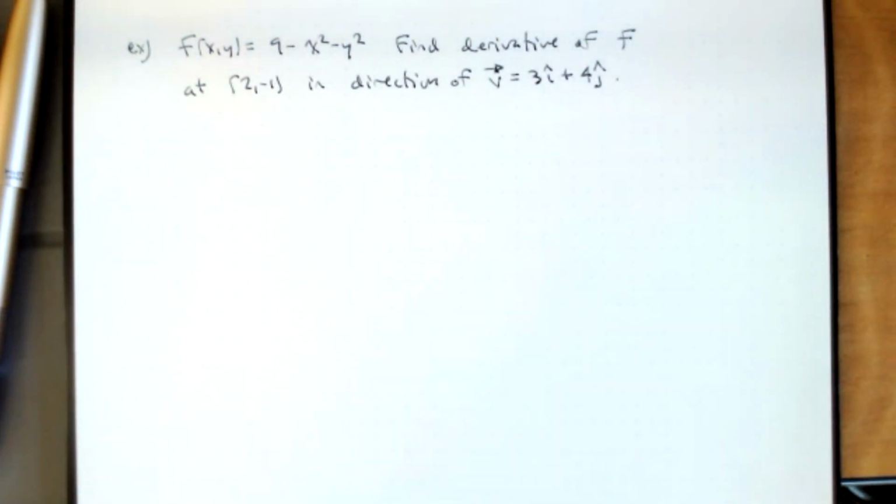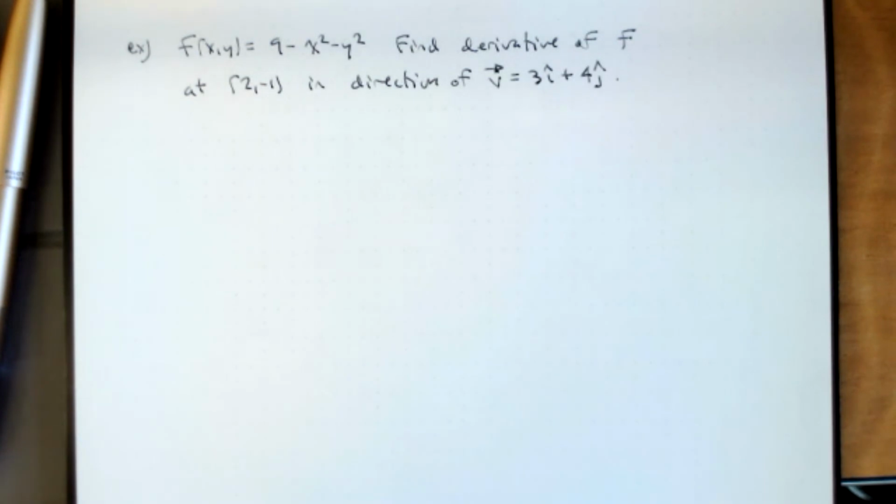Here's a function, might look familiar. f of x,y is 9 minus x squared minus y squared, and I want to find the derivative of f at a particular point. Remember, derivatives are a local thing. They happen at a point. The derivative of f at the point (2, -1) in the direction of this vector v, which is 3i plus 4j.